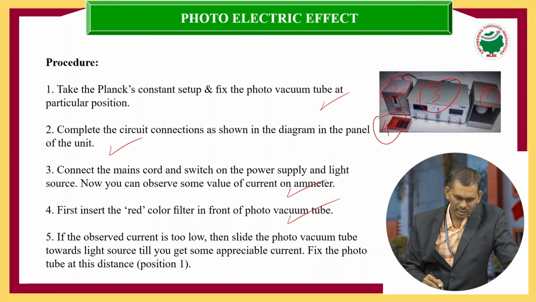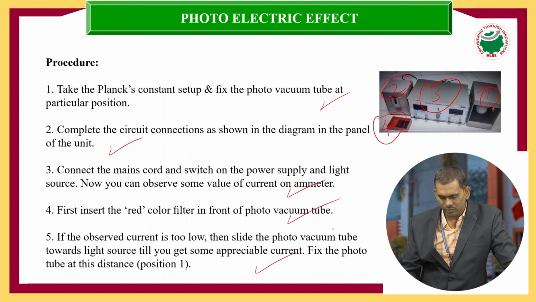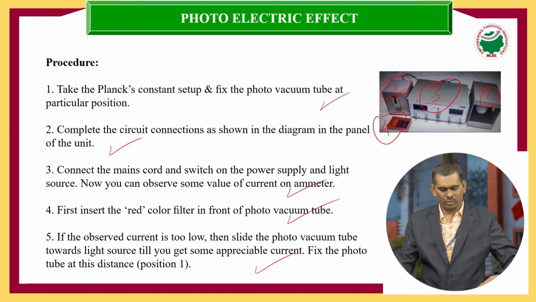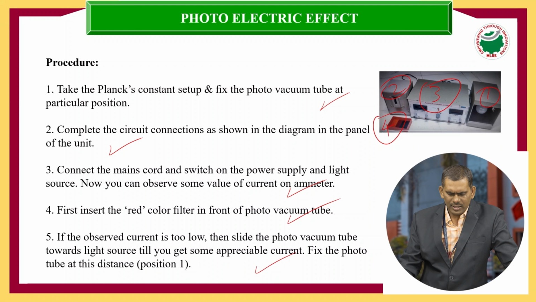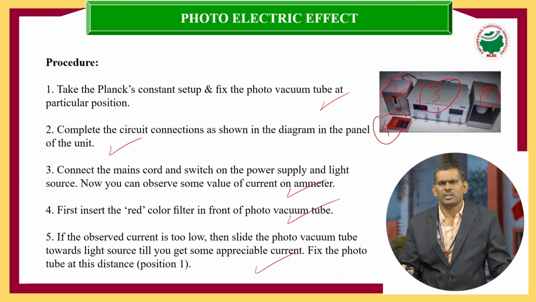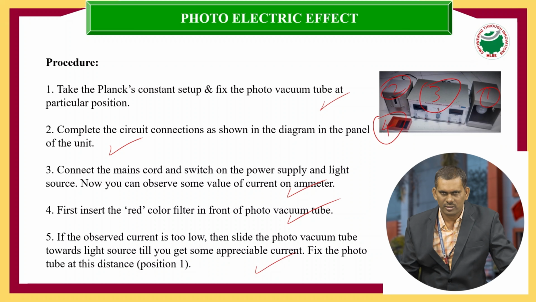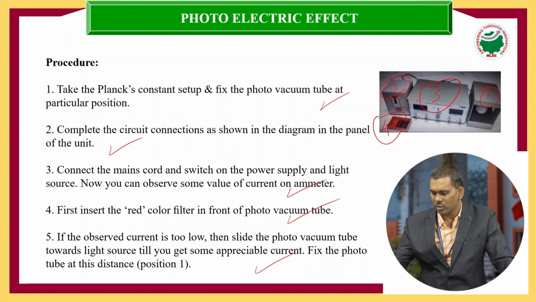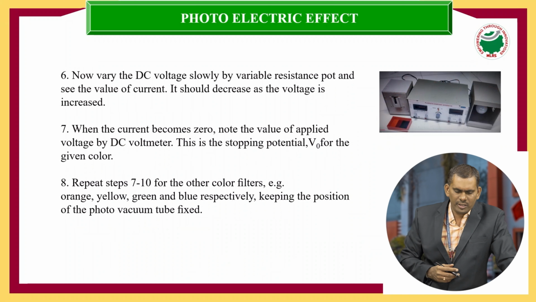Observe that the current is too low, so set the photo vacuum tube towards the light source until you still get some appreciable current. Fix the photo tube at this distance, position 1. So adjust the photocell in front of the light source at a particular distance to observe a usable amount of current.